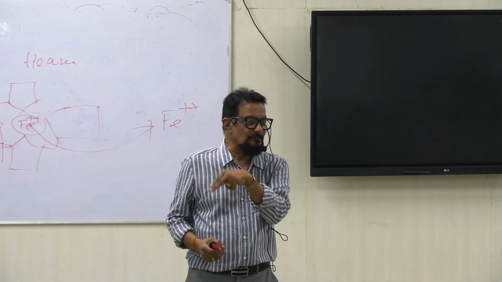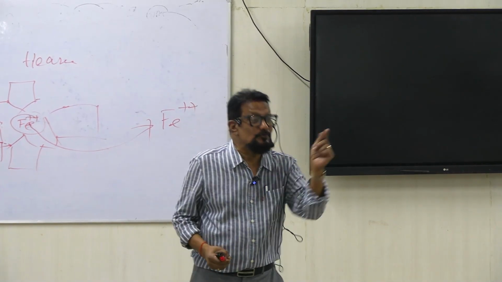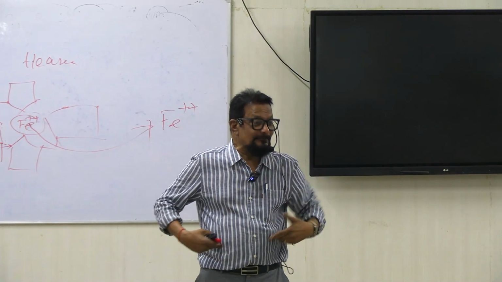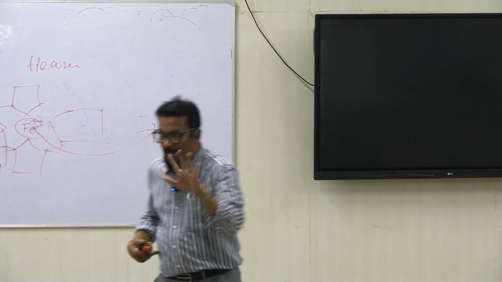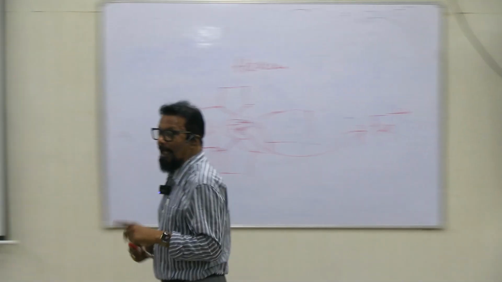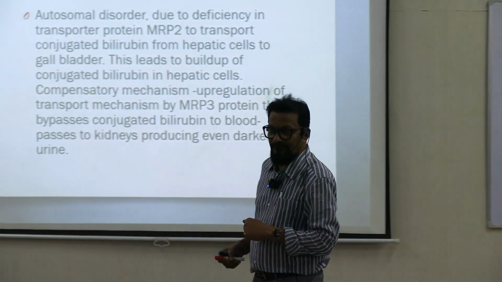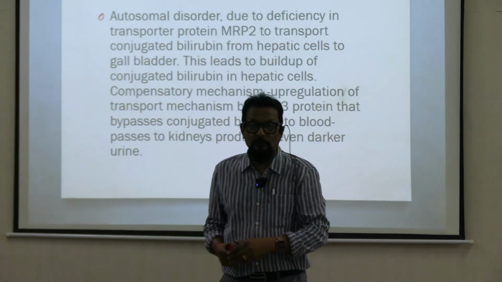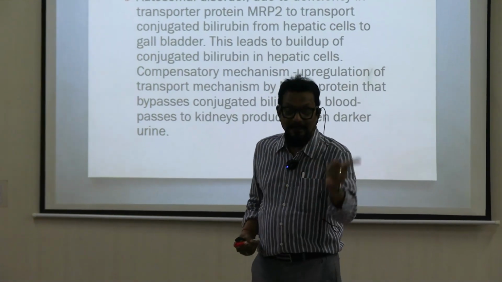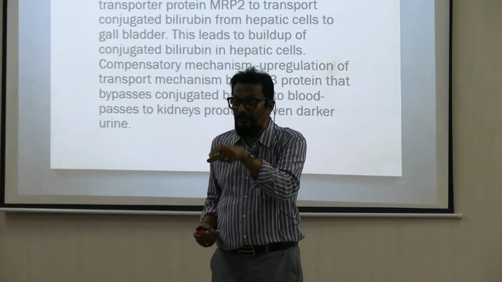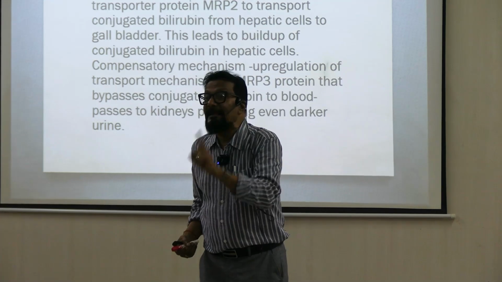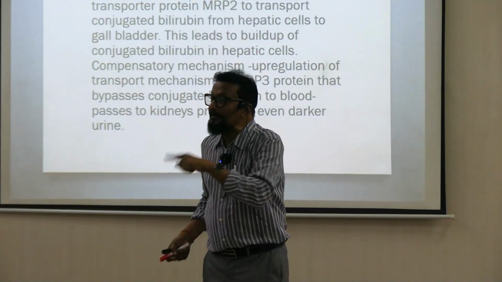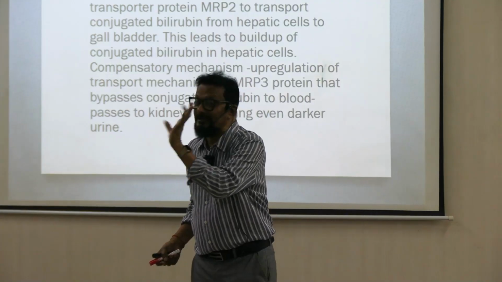Through bile, conjugated bilirubin comes to the intestine. What will happen in the intestine? The conjugated bilirubin that has entered the intestine will be changed by the bacteria into urobilinogen.